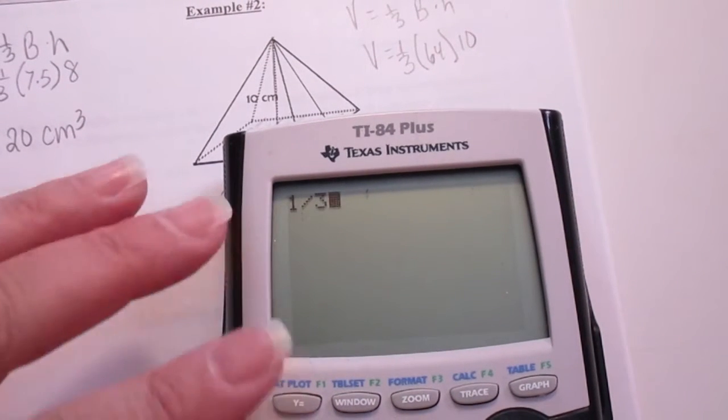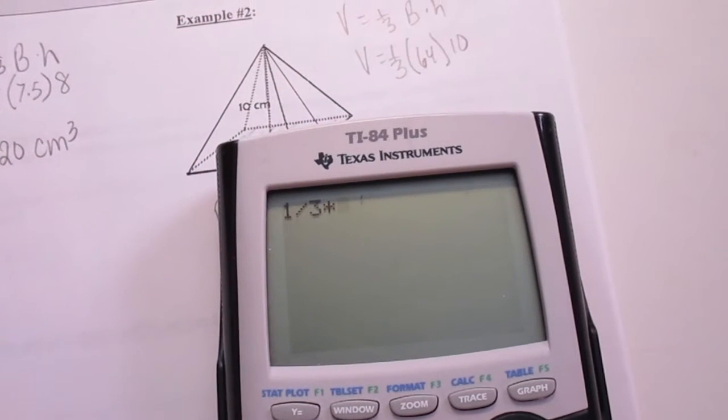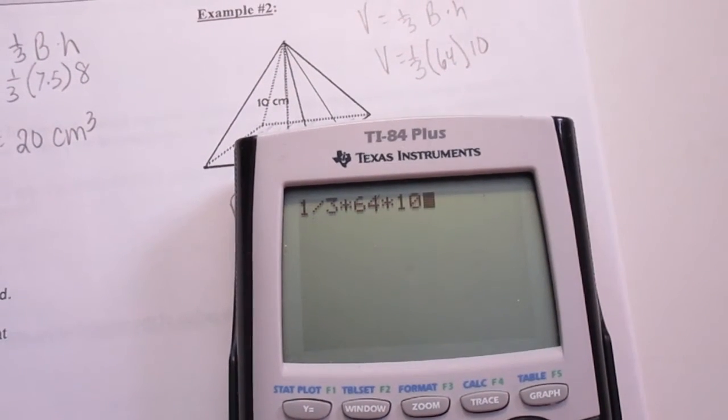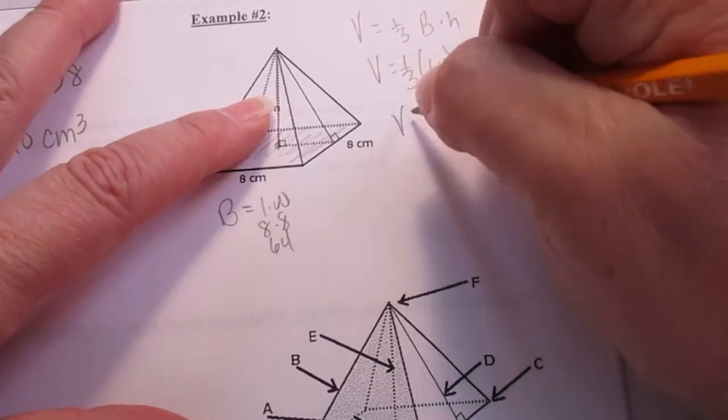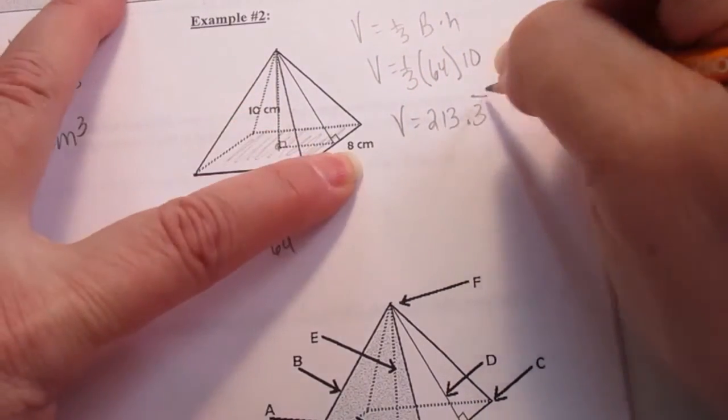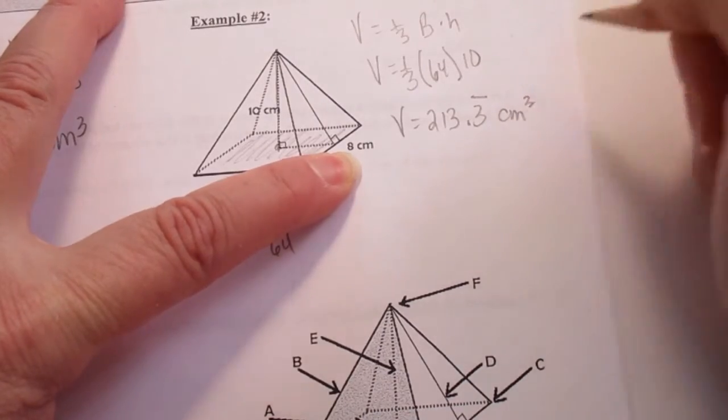We're going to multiply by the area of the base, and that's 64. And we're going to multiply that by 10. And I get an answer of 213.3 repeating. So the volume is equal to 213.3 repeating. These are in centimeters, and the centimeters are cubed.